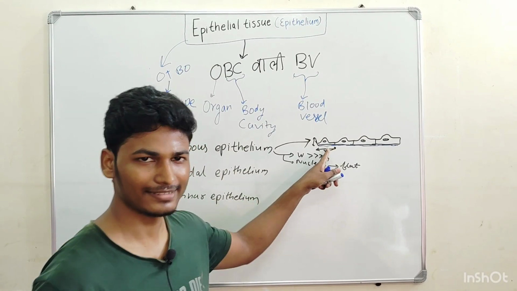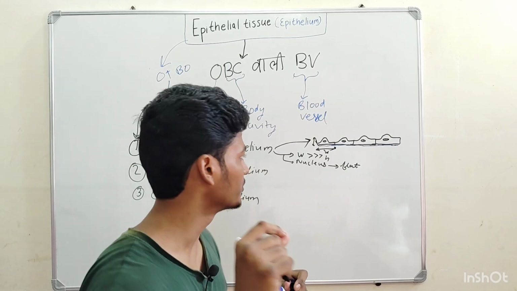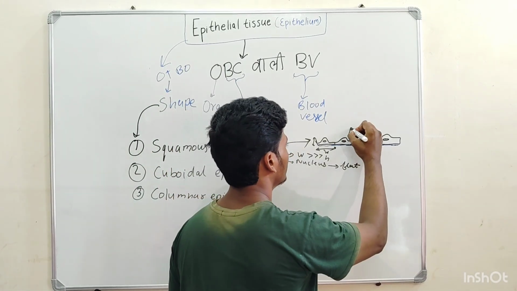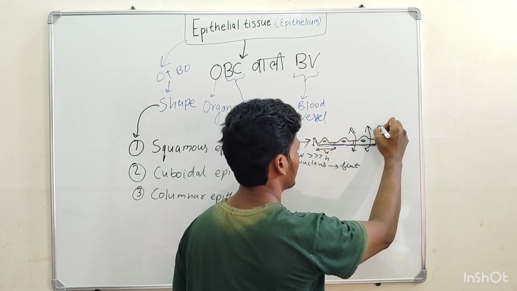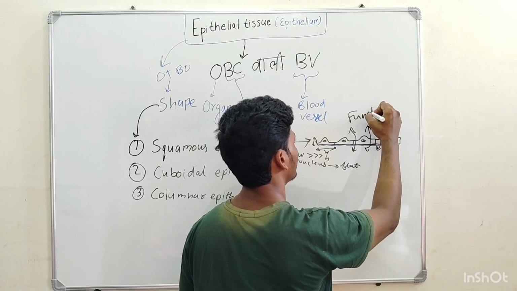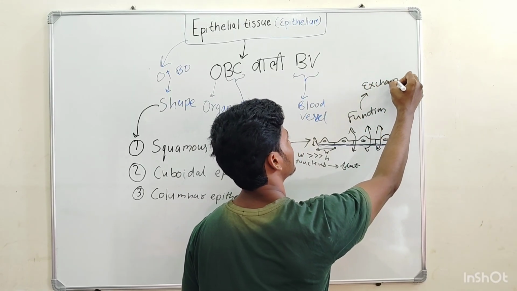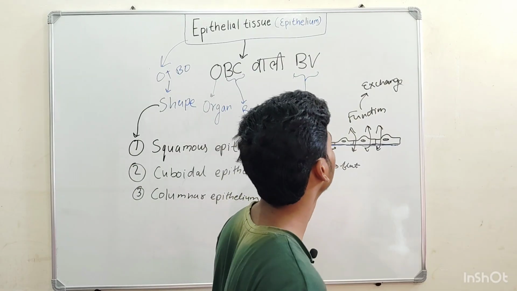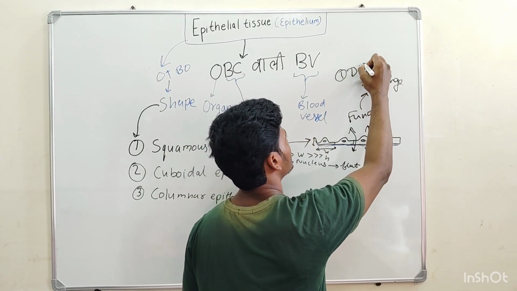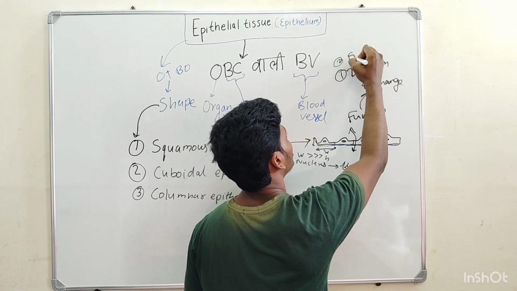It's like a sheet of paper. You know, a sheet of paper is very thin, so material can easily pass across it. So from that, you can say its function is exchange of material, or more specifically, diffusion and filtration.